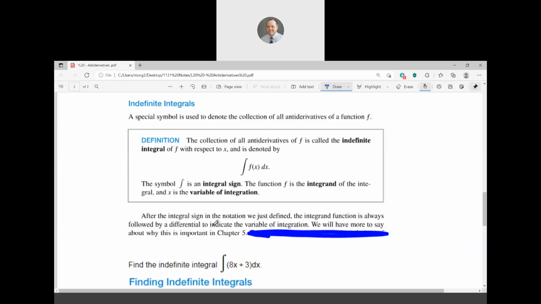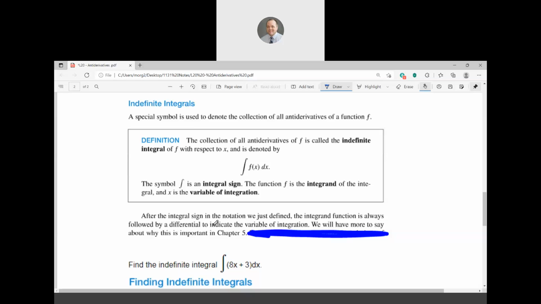A special symbol is used to denote the collection of all antiderivatives of a function small f. Definition: the collection of all antiderivatives of lowercase f is called the indefinite integral of lowercase f with respect to x, and is denoted by a little curly s, and that's the integral sign, f of x, and then dx is the change in x, quite simply.